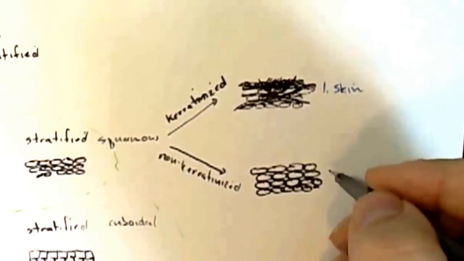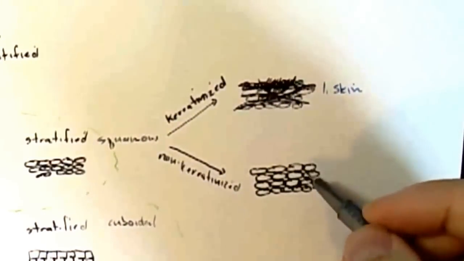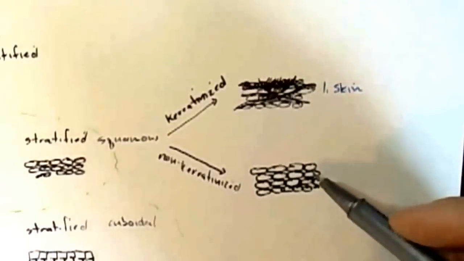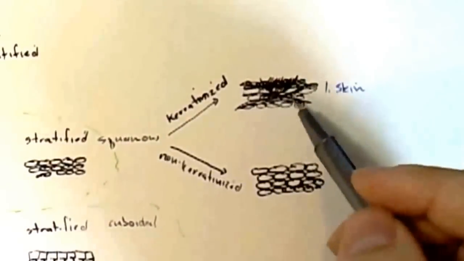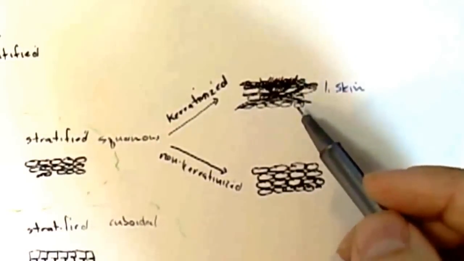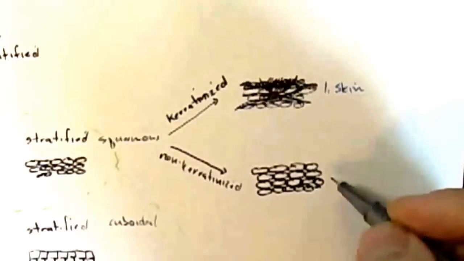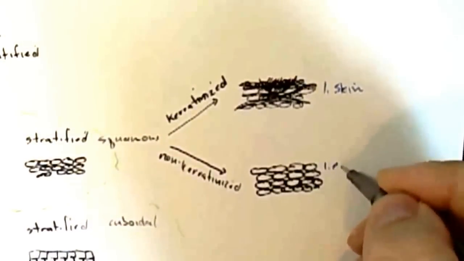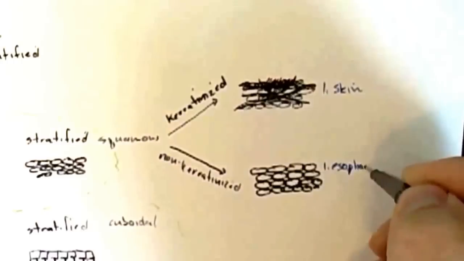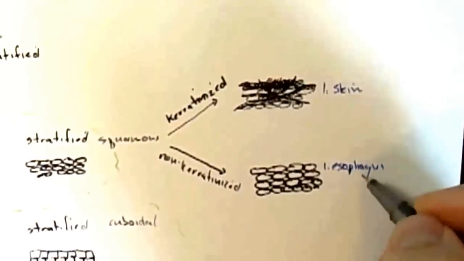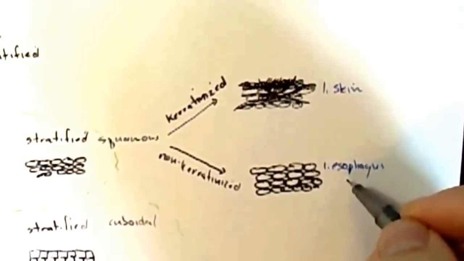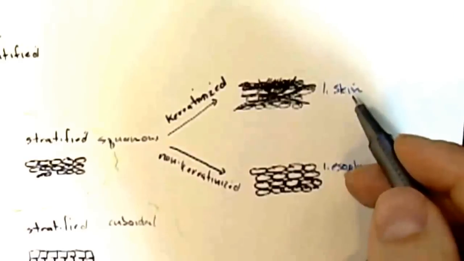The same thing is in non-keratinized, but in non-keratinized, without the keratin, it's not quite as strong. So the keratin makes this stratified squamous really, really strong. So your skin is pretty durable. It's pretty strong. You have other places like your esophagus where you still want to be able to slough off cells, but maybe it doesn't have to be quite as tough as skin.